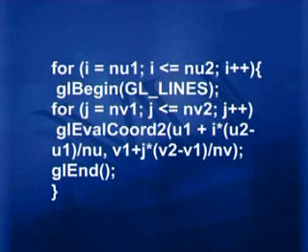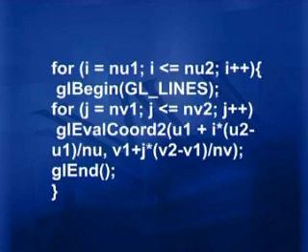Or we can write this code running this loop for I equal to NU1 to NU2, incrementing 1 each time, glBegin(GL_LINES), for J equal to NV1 up to NV2, incrementing J by 1 each time, call glEvalCoord2 for U1 plus I times (U2 minus U1) over NU, comma V1 plus J times (V2 minus V1) over NV.